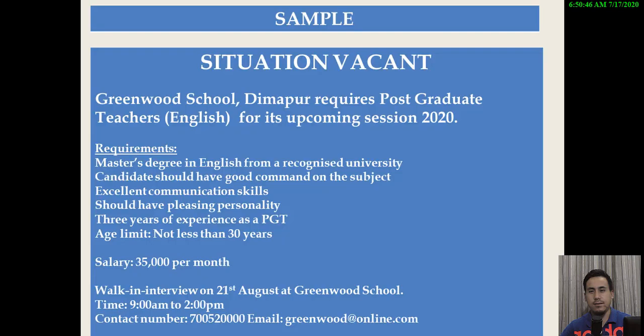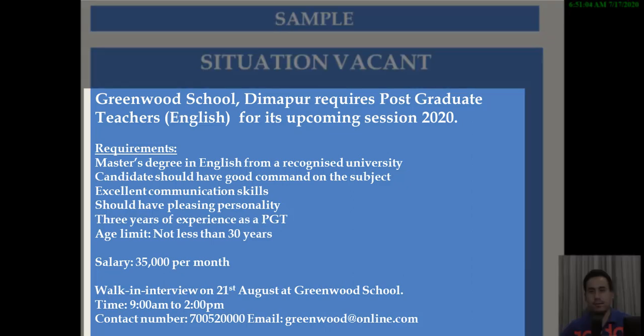So this is the sample for situation vacant. As you can see, the title or the heading is in capital letters. Situation vacant, very catchy. So Greenwood School, Dimapur requires postgraduate teachers of English for its upcoming session 2020. So requirements or the qualifications: if we look at it, a master's degree in English from a recognized university.